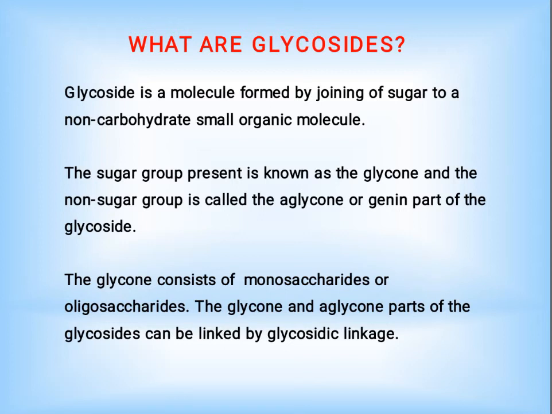The glycone consists of monosaccharides or oligosaccharides. The glycone and aglycone parts of glycosides are linked by means of a glycosidic linkage. So whenever glycosides are prepared in a plant, the glycone and aglycone parts are joined together by means of a glycosidic linkage.